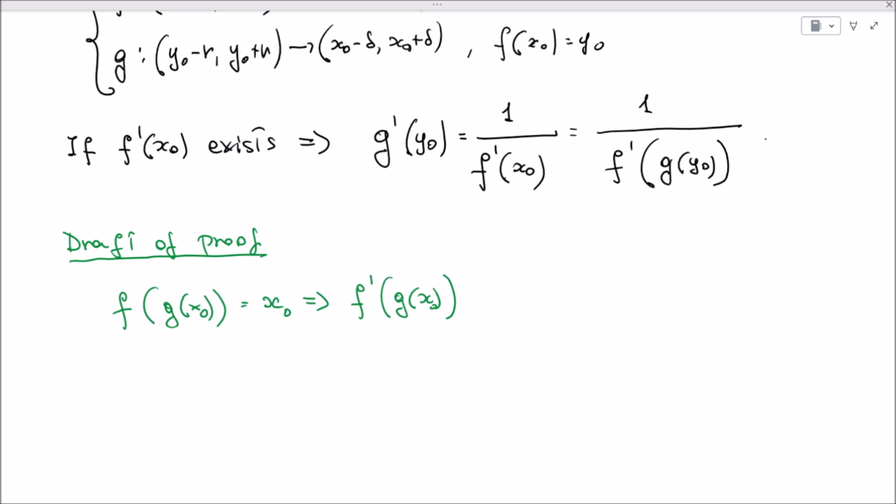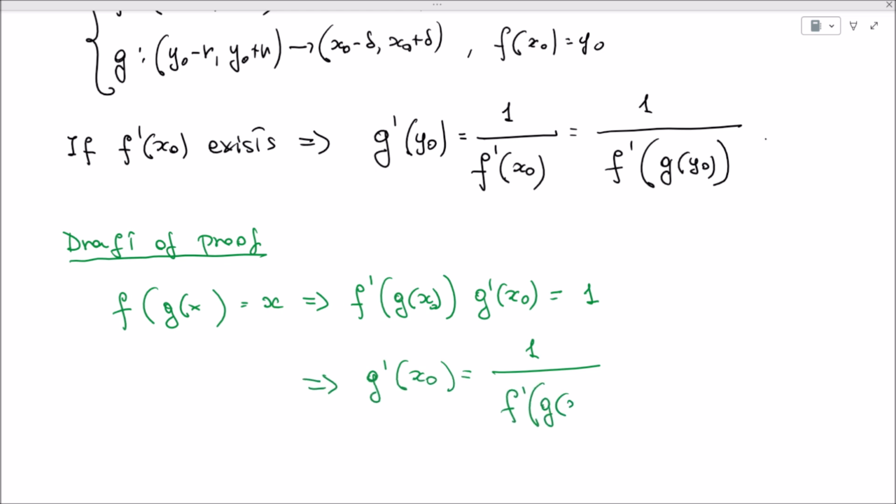Let's say that we want to do this in a specific point x naught. So we can say this equals 1, because if we take the derivative in a specific point, so let's say that we leave x here, and then we want to evaluate the derivative of the left hand side in a specific point x naught. So this is what we get. But from this, clearly we have that g prime evaluated at x naught is equal to 1 divided by f prime of g of x naught.